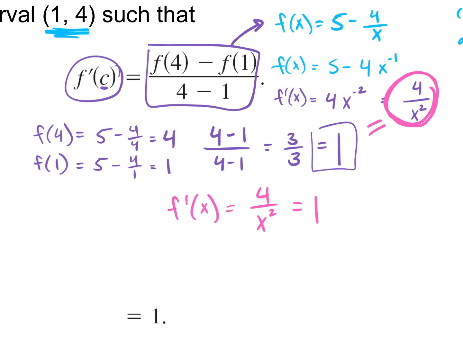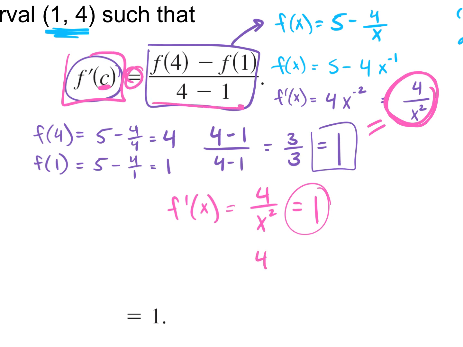And now we solve for x. That's what we do with mean value theorem. What are we trying to find? We're trying to find what value of x gives us the same slope. What value of c, as they call it here, makes our derivative equal to the slope formula.